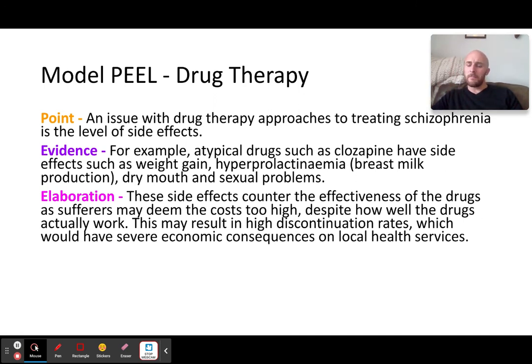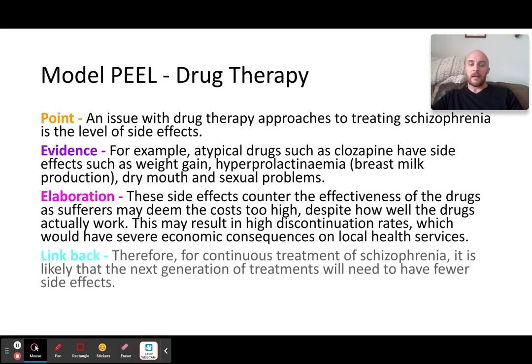If you've got loads of people who are schizophrenic who are not taking their medication, somebody somewhere is going to get hurt sooner rather than later. Therefore, for the continuous treatment of schizophrenia, it's likely that the next generation of treatments will have to have fewer side effects. Now, that is a fully structured point. It's got evidence, it's got an elaboration about why, it's got a link back which is different.